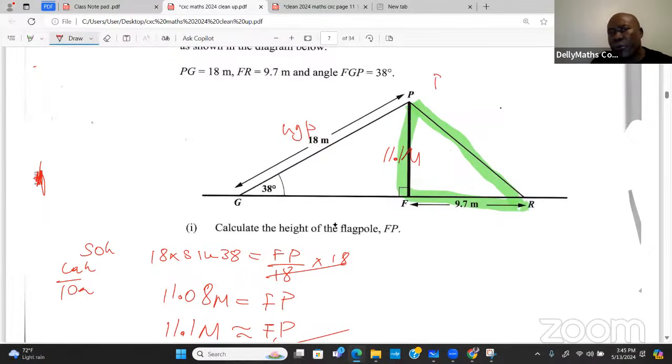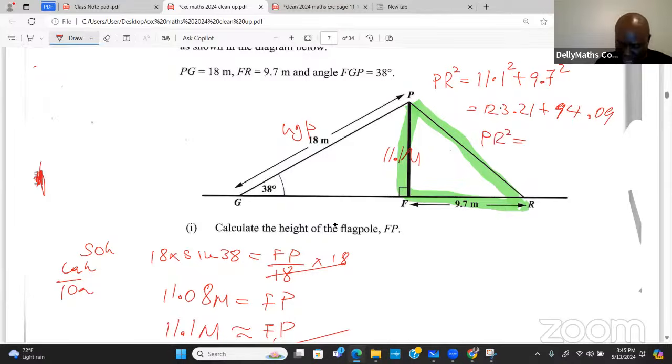It's the hypotenuse, so we could say PR squared is equal to 11.1 squared plus 9.7 squared. We're working with that. So 11.1 squared is going to give us about 123.21, plus 9.7 squared, we're getting 94.09.